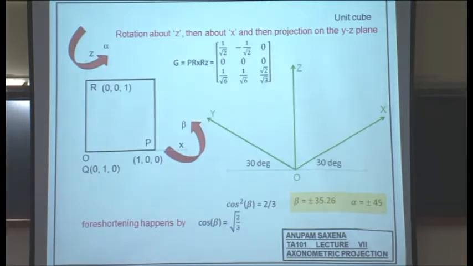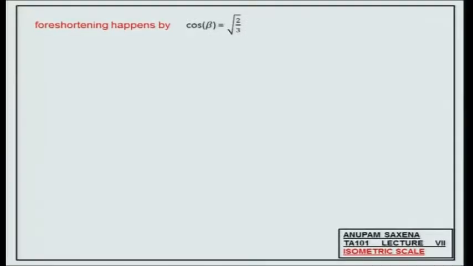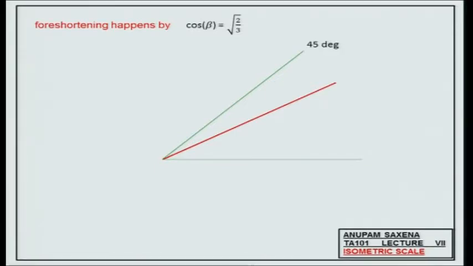Okay? And we are going to be working on how to draw the isometric scale. Horizontal, you have a line, you have another line. This line is at 45 degrees. This line is at 30 degrees. Mark the true lengths on your 45 degree line.